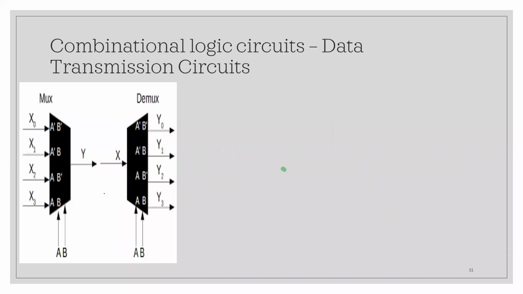For example, instead of select lines, I know that there are 4 channels. What I do is I divide a given time slot, say I have a 1 second time slot, between the 4 people or the 4 channels.